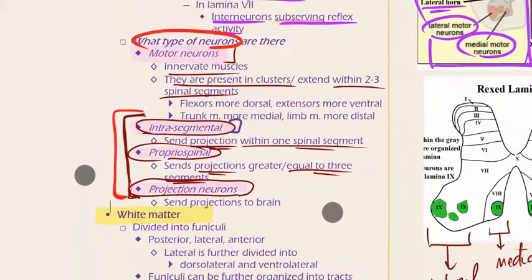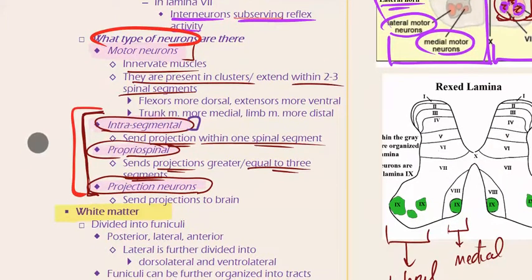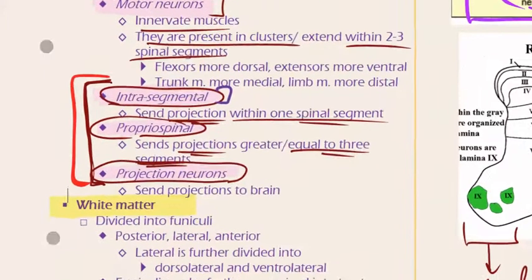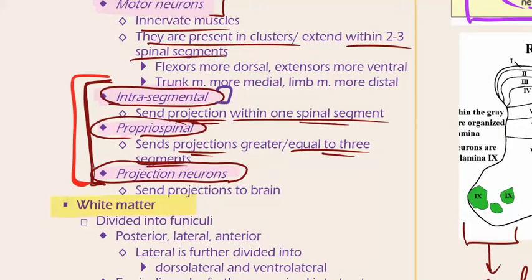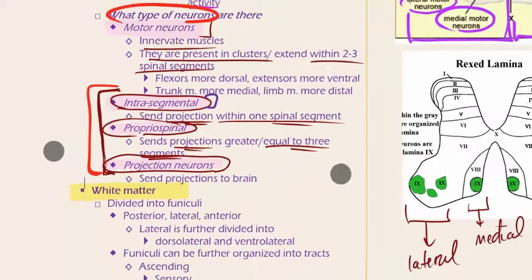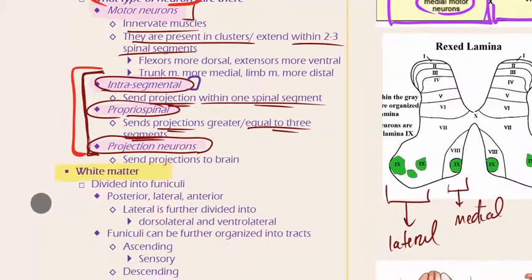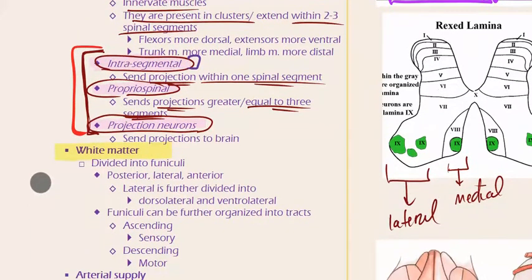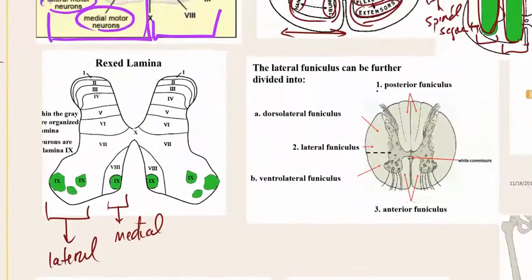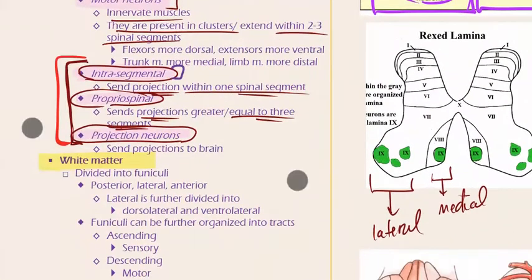So when you say, for instance, intrasegmental, within one spinal segment, are you referring to neuron to neuron? Exactly. It takes whatever signal it receives, sends its axon up one spinal segment and then synapses on something else. I thought propriospinal would be from cervical to lumbar or something.